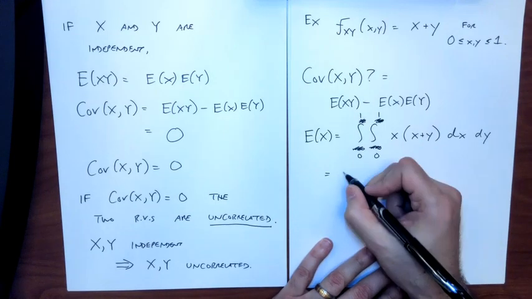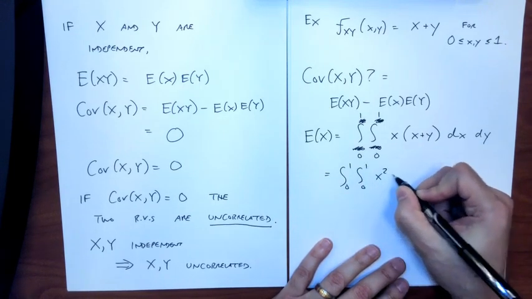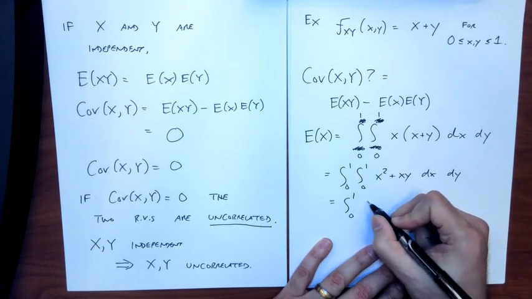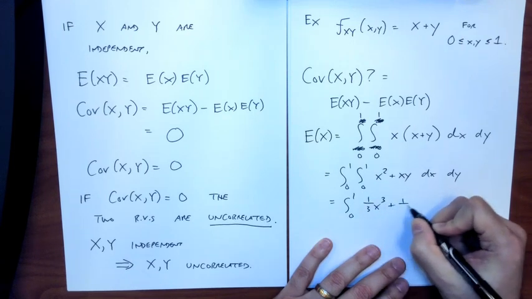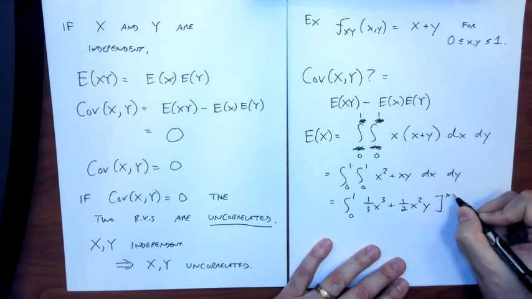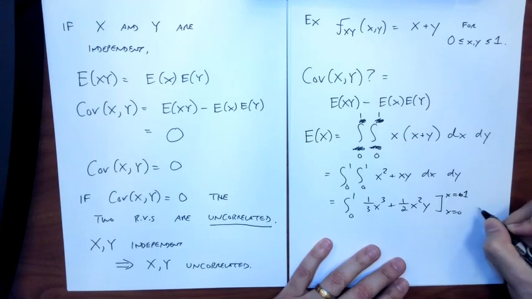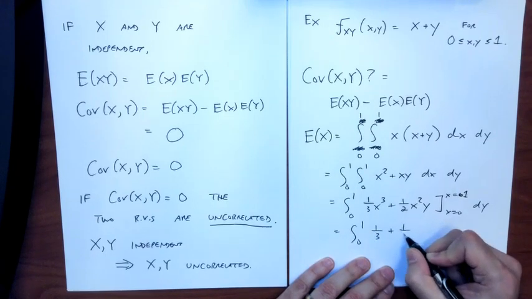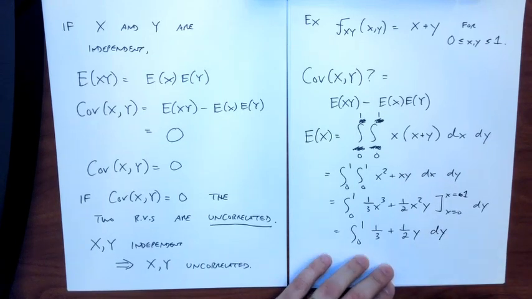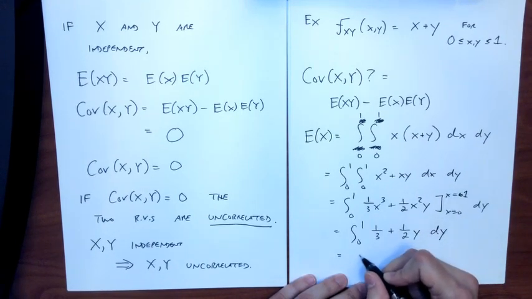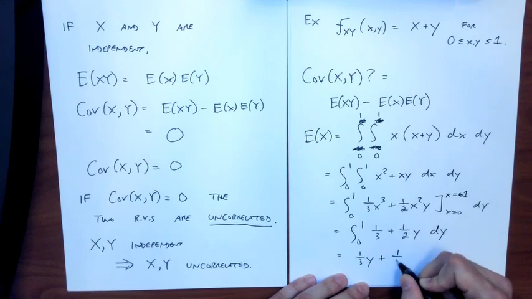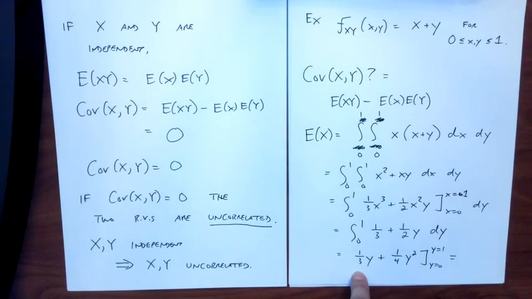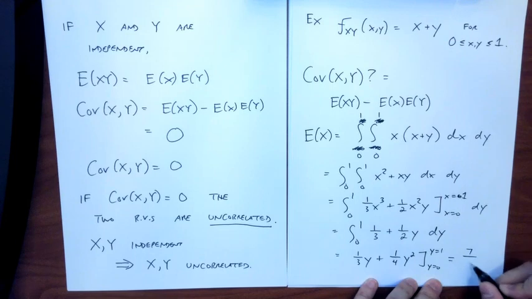So now we settle in for a little bit of integration. Doesn't really matter what order I do it in. So I'm going to do the x part first, I guess. 1/3 x cubed plus 1/2 x squared y, evaluated at x equals 1, x equals 0, dy. So I'm going to get 1/3 plus 1/2 y dy, which equals 1/3 y plus 1/4 y squared from here to here. So I'm going to get 1/3 plus 1/4, which is 7/12.